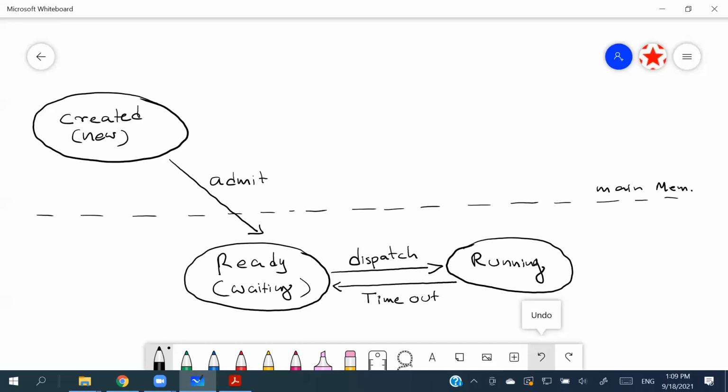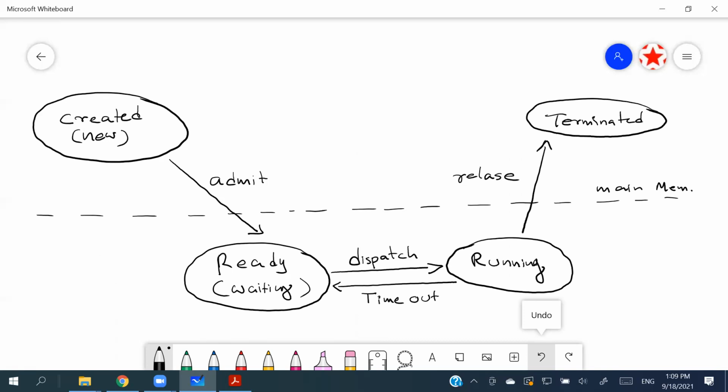If a particular process is done running, it will be released and given a state called terminated. Right?